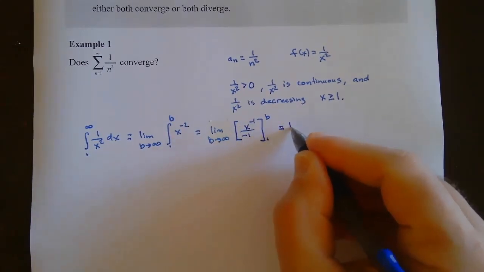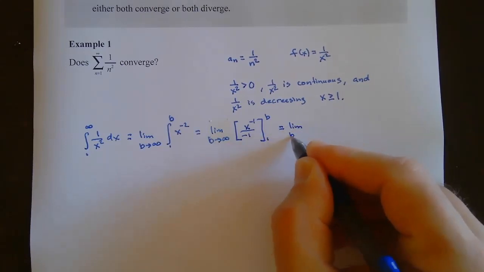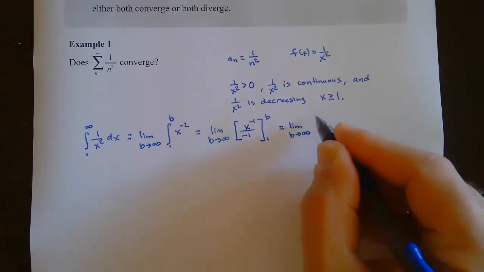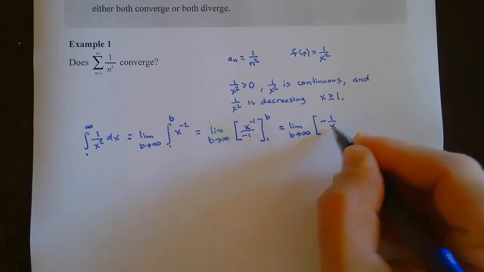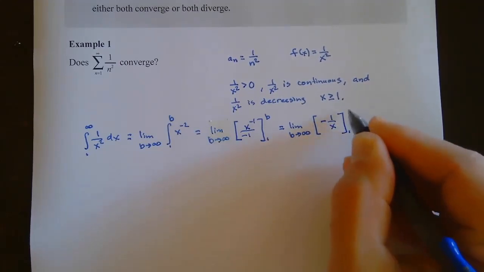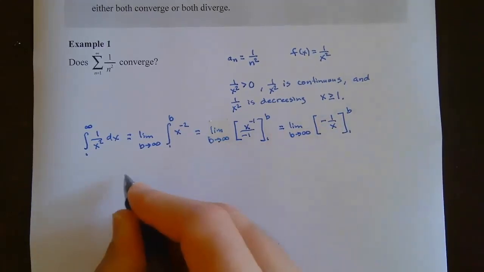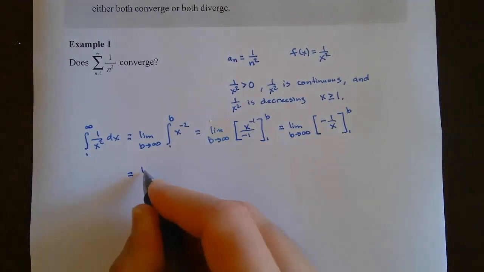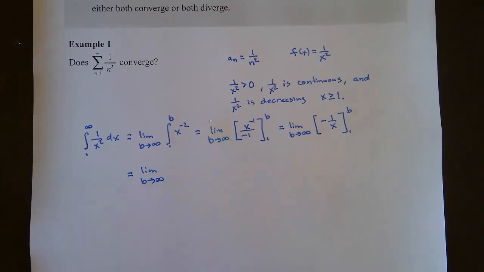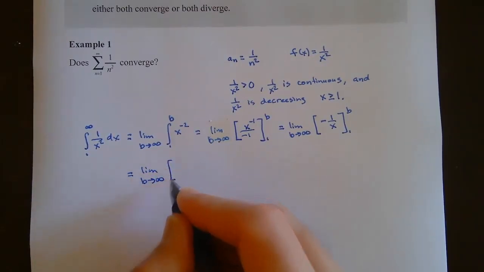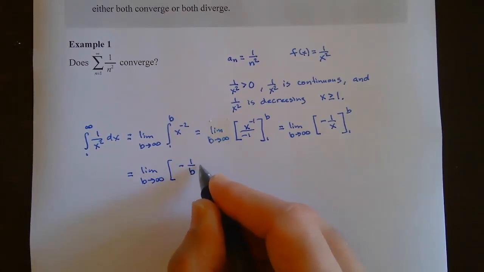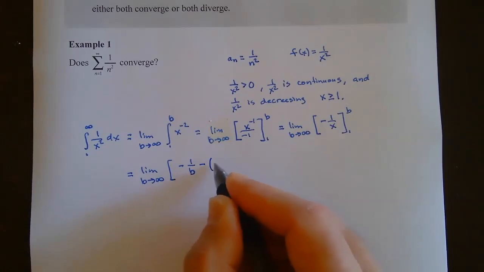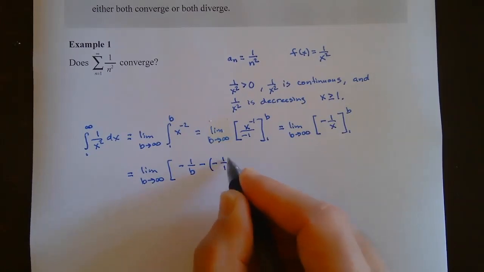So this is equal to the limit as b goes to infinity of negative 1 over x evaluated from 1 to b. Okay, so this is equivalent to the limit as b goes to infinity of negative 1 over b, and then minus negative 1 over 1.